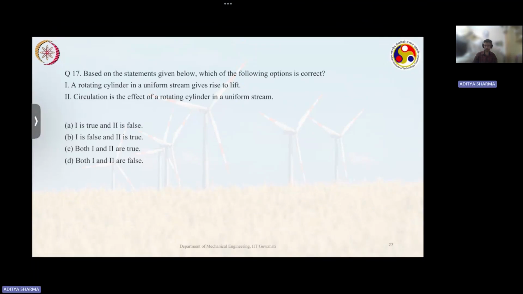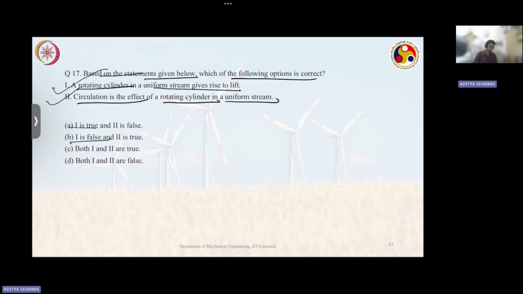Then I have one question from this lecture. Based on the statements given below, which is the correct option. The rotating cylinder in a uniform stream gives rise to lift. That is correct. Circulation is the effect of a rotating cylinder in a uniform stream. That is also correct. So both the statements are true.